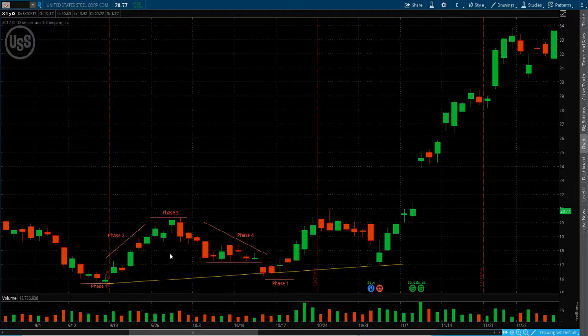This isn't a strategy that I trade, but you have to understand how the market moves in phases and be able to identify this so you'll know when not to get in a trade. Omar, they trade and they swing trade this.